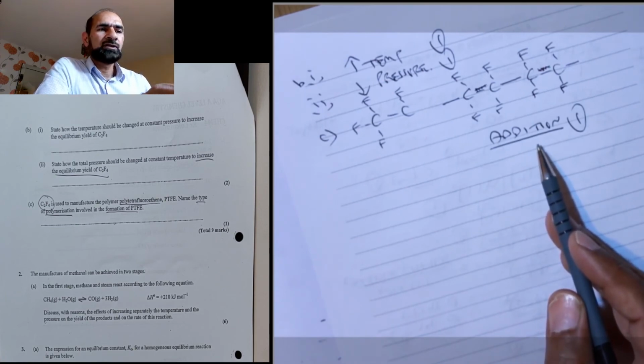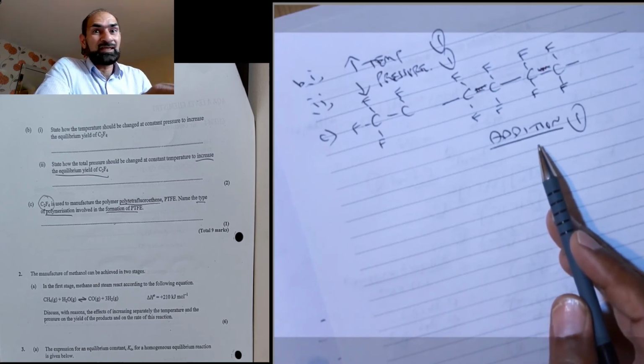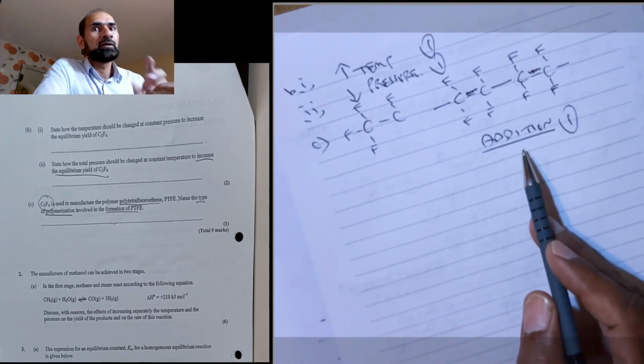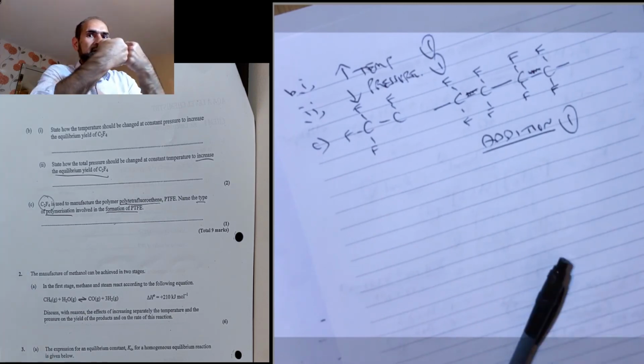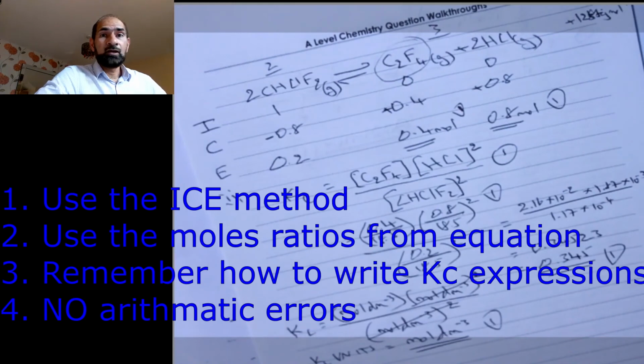That's also accepted, but I never teach students free radical substitution, because this is usually addition. That's the more common, more accepted answer, but they will accept free radical. Remember, when double bonded molecules join to make polymers, it's addition.